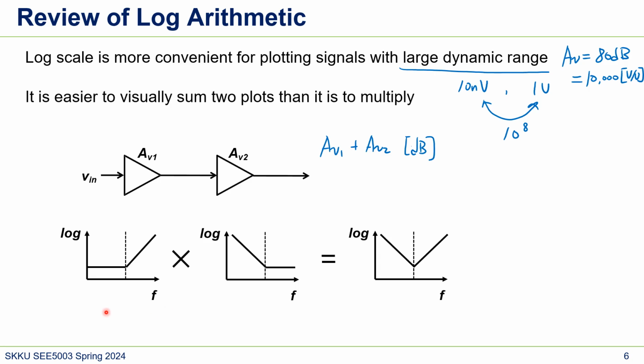If we have a frequency plot like this, usually the frequency axis is log too. We also represent our frequency in the log domain. If you have the frequency response of this amplifier, and the frequency response of this amplifier, the overall response will be just adding them. So it's simpler than multiplying.